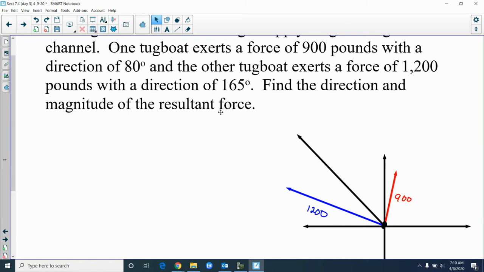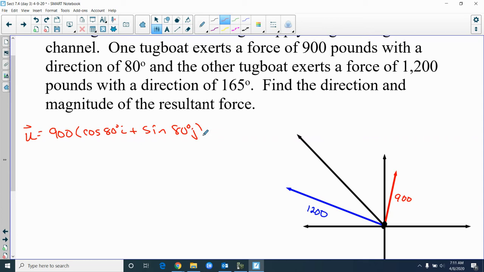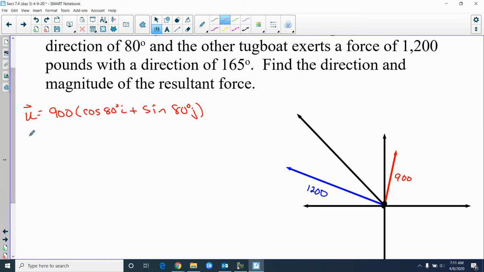All right, I'll call vector U the first one given. Now we want to convert to IJ form. Magnitude of 900 times cosine of 80 degrees I plus sine of 80 degrees J. I'm going to finish that in a second, but I'm just going to write this down.